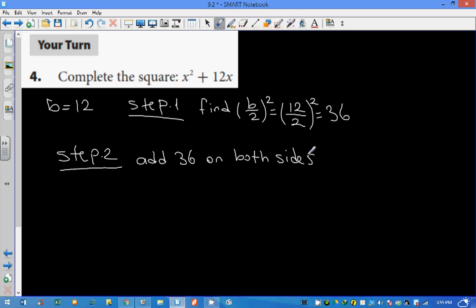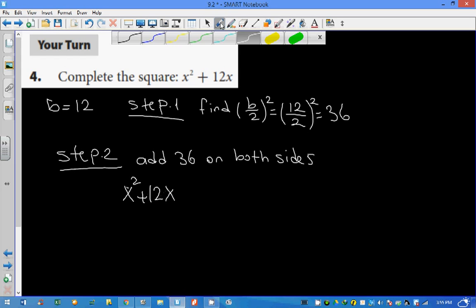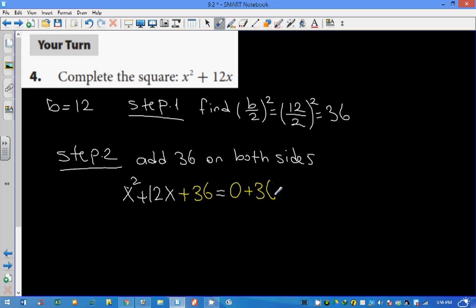And x squared plus 12x plus 36 equals 0 plus 36.